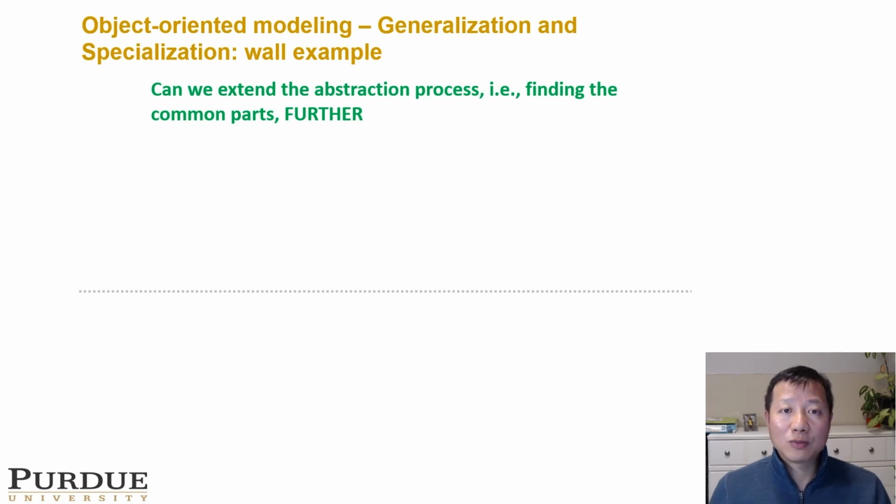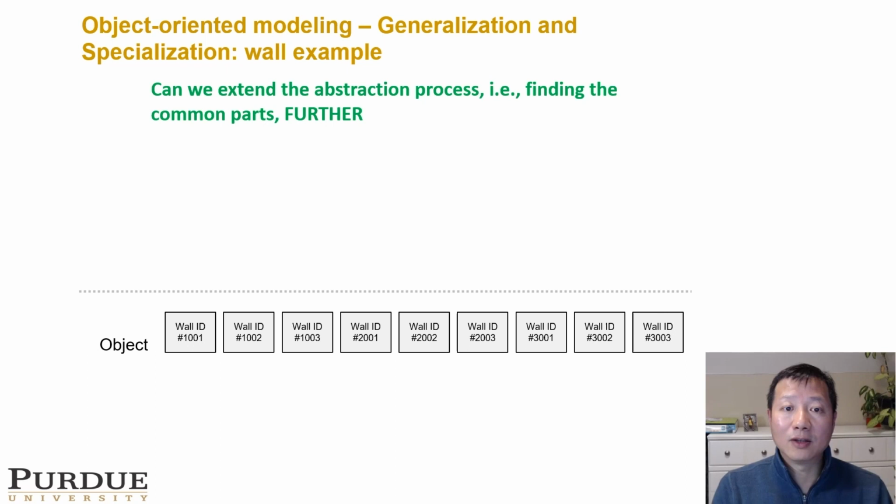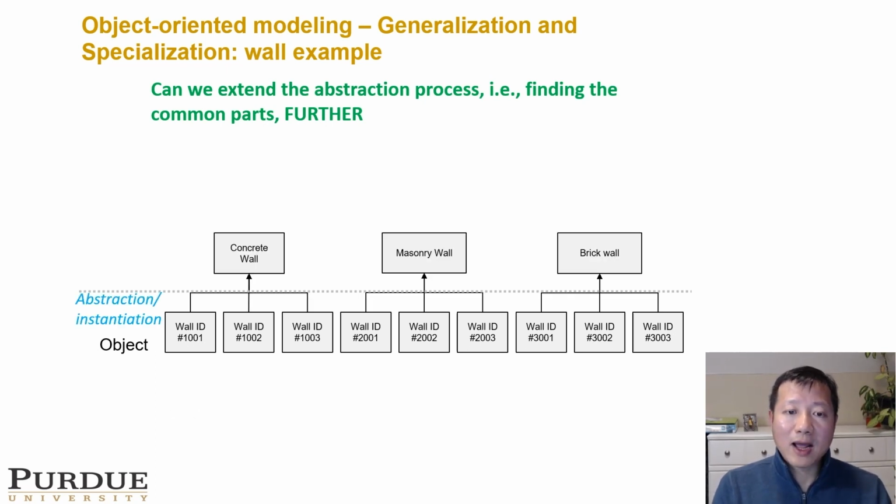And when you look at a specific external wall, for example, you can further specialize that down into external concrete wall, external masonry wall, and so on and so forth. So this process can continue on. Again, starting from the objects, we generalize, we abstract them together, grouping all the same type of objects into a class.